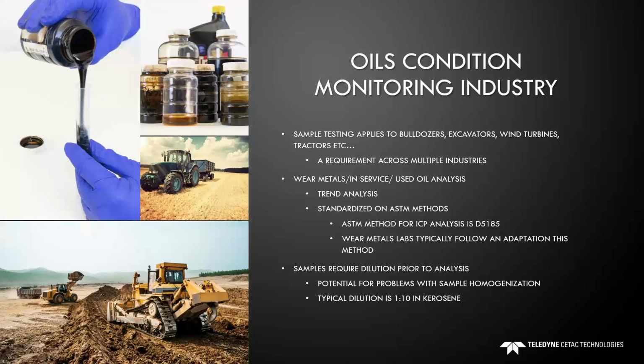This dilution step can actually create problems with sample homogenization, but it's critical for the ICP, because if you don't dilute these samples prior to trying to introduce them to the ICP, they cause problems with your sample introduction. They can clog up your transfer tubing and certainly your nebulizer and cause issues with the torch. So it's important that you dilute them beforehand. Otherwise, the nature of the samples becomes problematic.